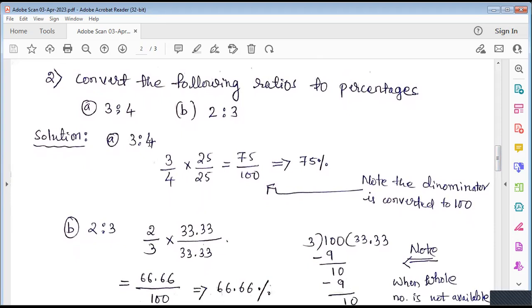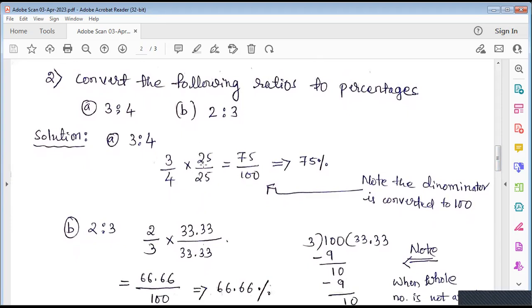So this 3:4 you write in this form, 3/4, and then choose a particular number in such a way that the denominator becomes 100 by multiplying it. So in this case, if you multiply 25 to this 4, you are getting 100 here. So that is the purpose of multiplying and dividing by 25 here.